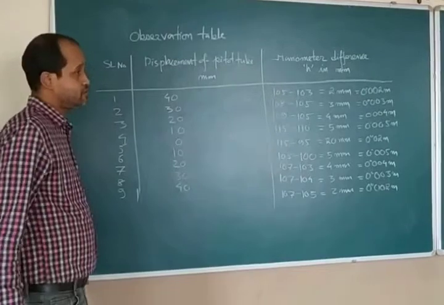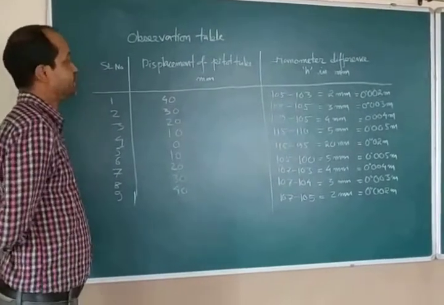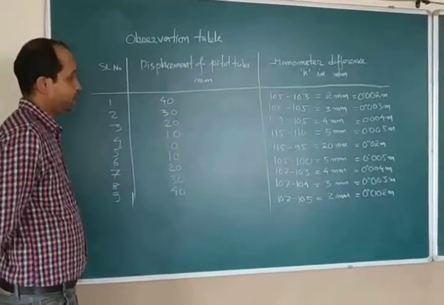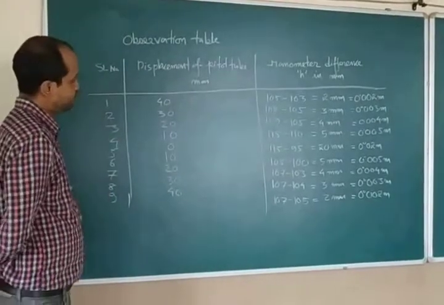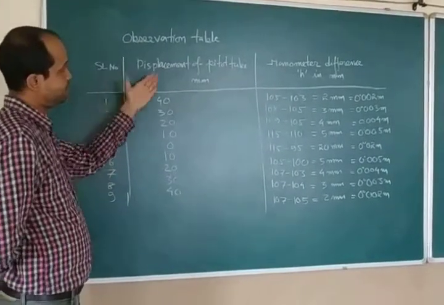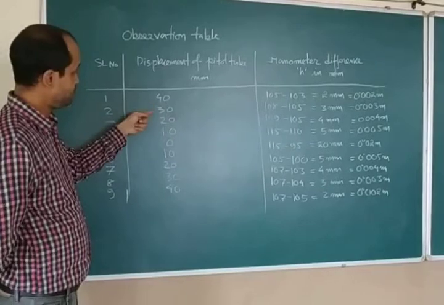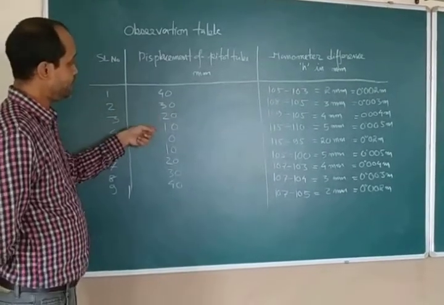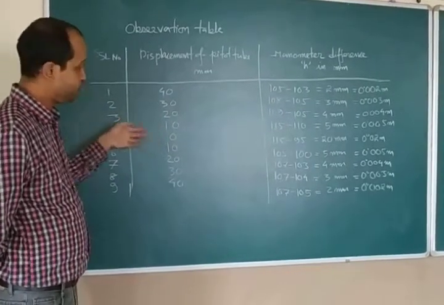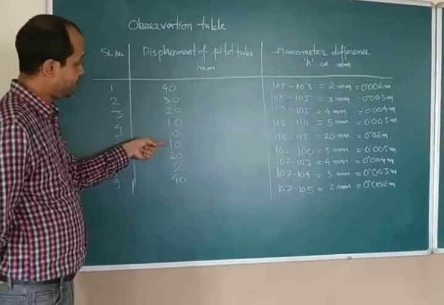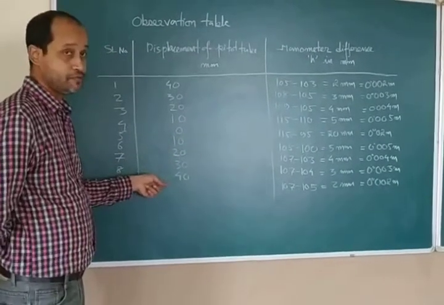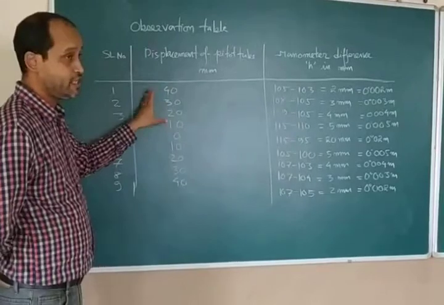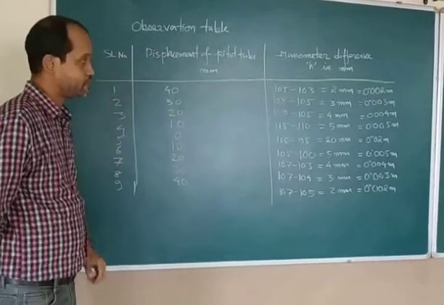Dear students, after performing the experiment, we are getting certain readings there. So here if you observe the displacement of pitot tube, 40, 30, 20, 10, 0, where 0 means at the center, then again 10, 20, 30, 40. So this is already given in the pitot tube attachment.